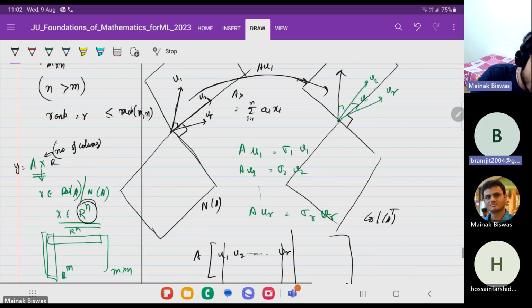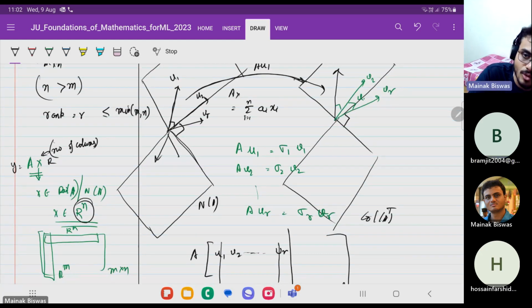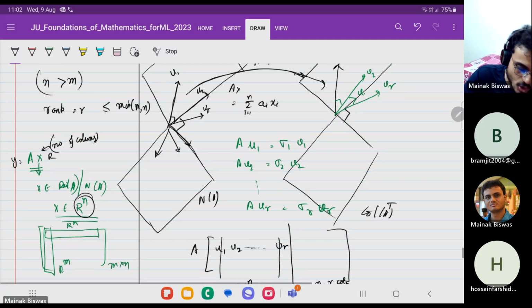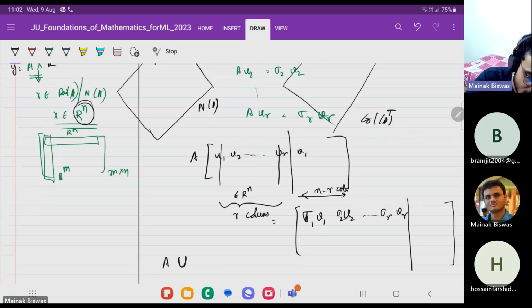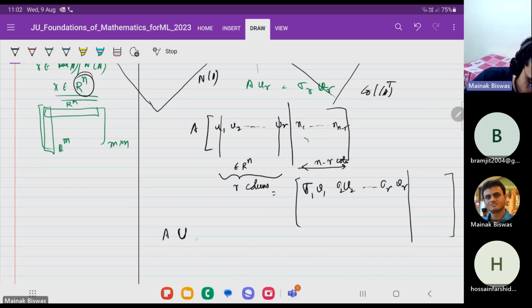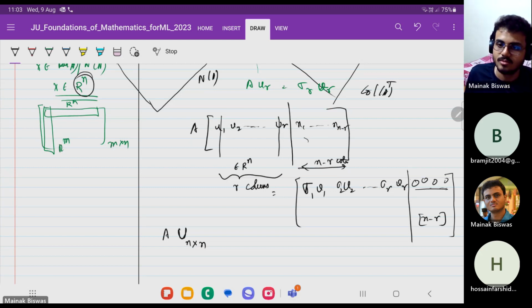So you'll have n minus R columns in the null space of A. So you can get the null space vectors as n1 dot dot dot n minus R. So I will get an n cross n matrix, right? Which will give me zeros here, n minus R columns of zeros, right?